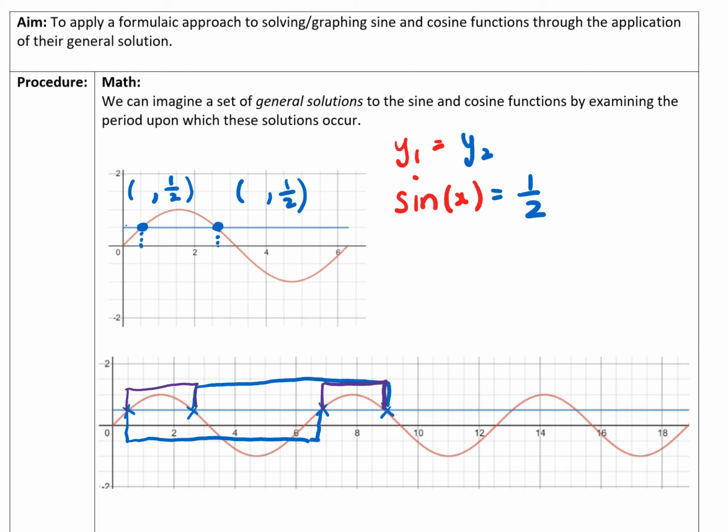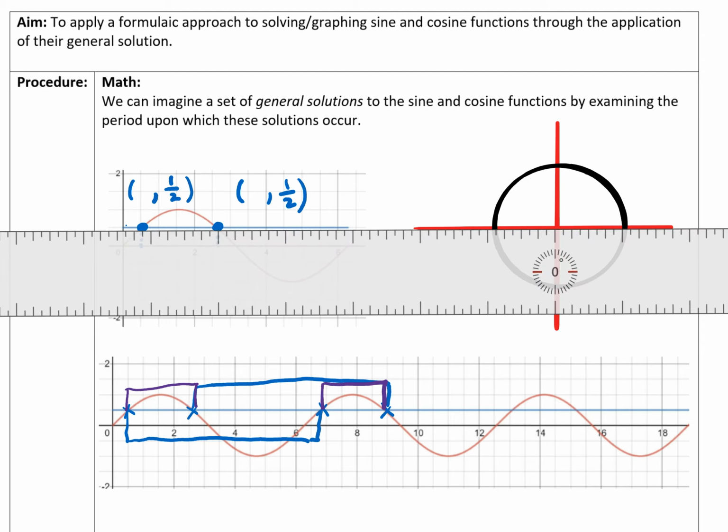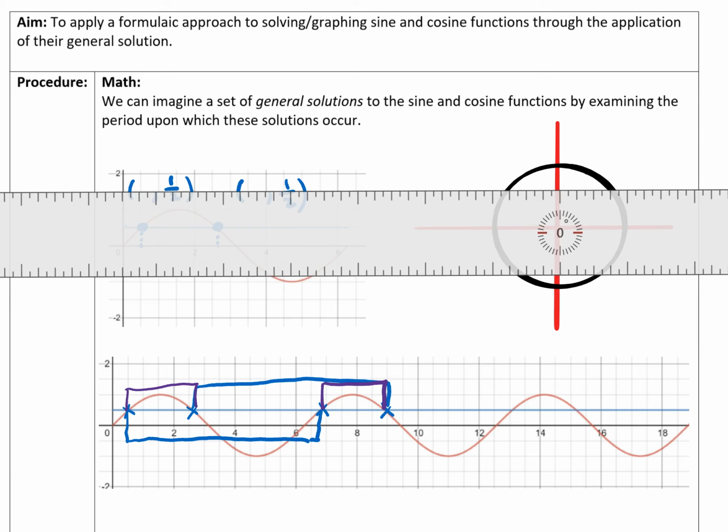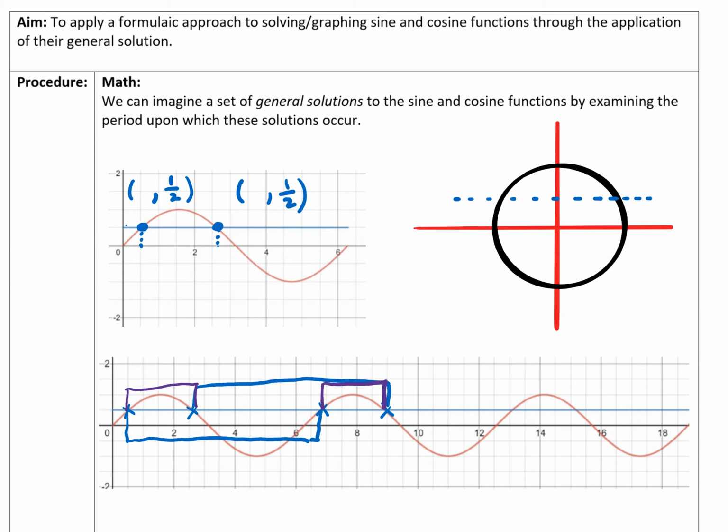Another way we can think about this is imagining the unit circle. So I've got my unit circle here. Now we're after the y value of 1/2. Remember that sine x is always going to be the height. So 1/2 would be exactly 1/2 of the way up, like so. And so we're thinking there's one solution which is this angle, and there's another solution which is that angle.